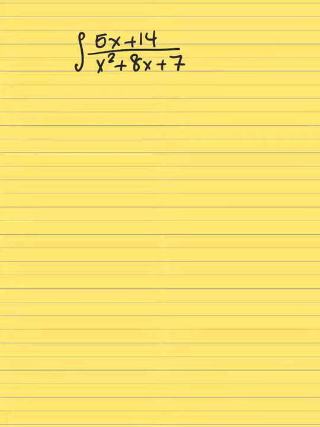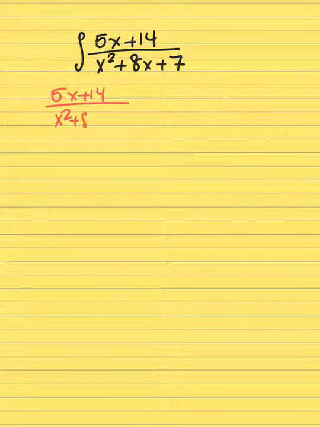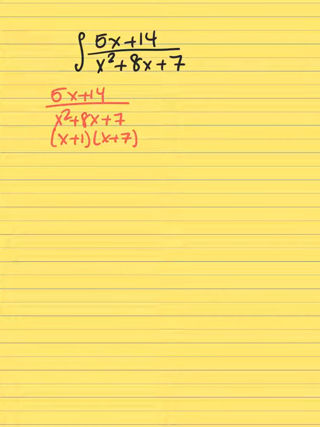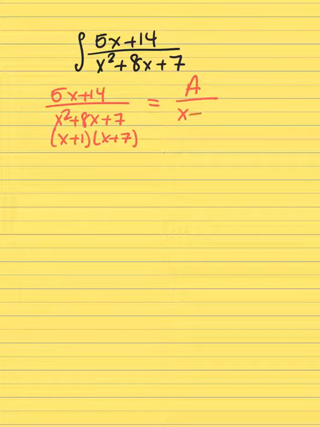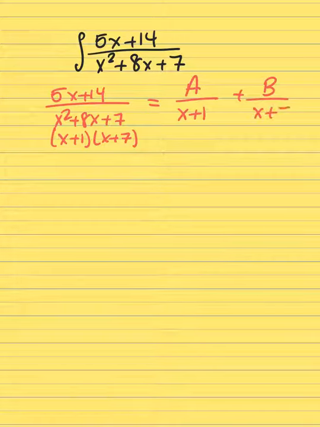So what I'm going to do is figure out the factors of x squared plus 8x plus 7. That means what multiplies to 7 but adds up to 8. Well, that's very straightforward: that's x plus 1 and x plus 7. This might be ugly because of the number 7. So I have A over (x plus 1) plus B over (x plus 7).